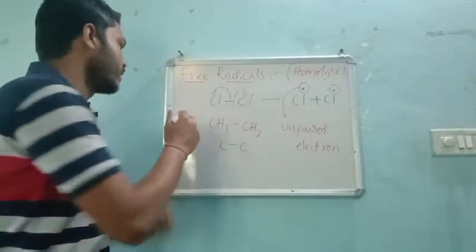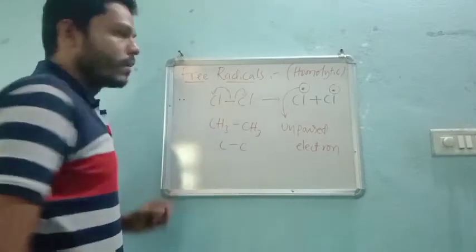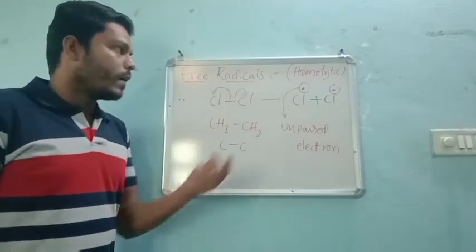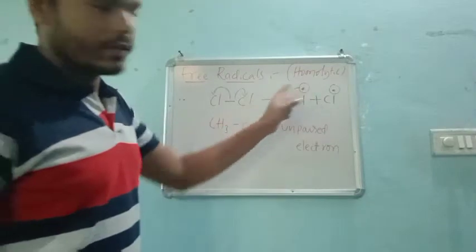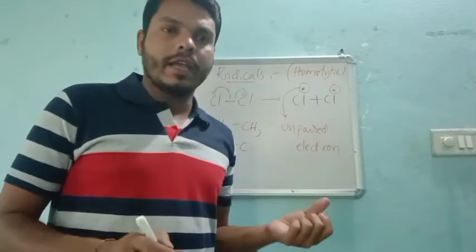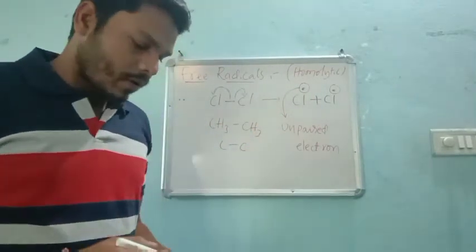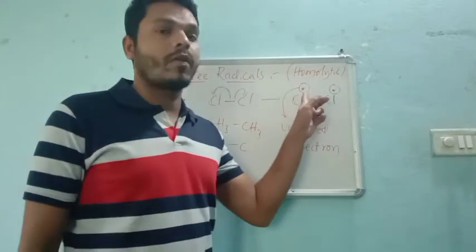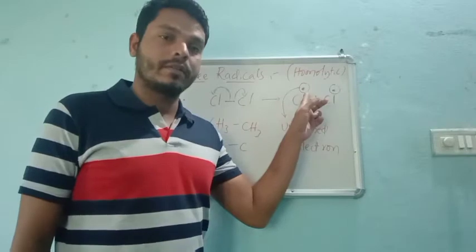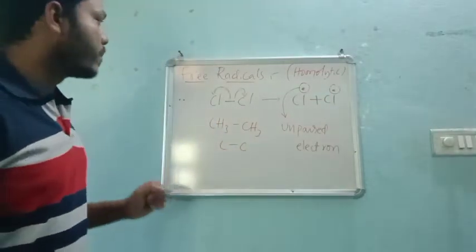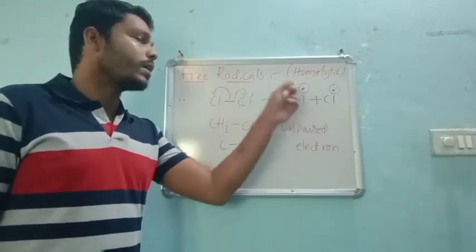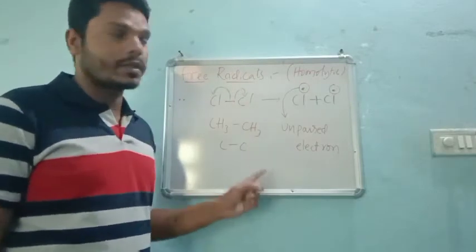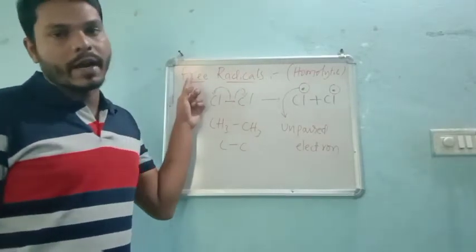Paired means always in a pair. There should be two. Unpaired means single, like this. If any element, compound or group carries an unpaired electron on it, then those compounds, elements or atoms are called free radicals.